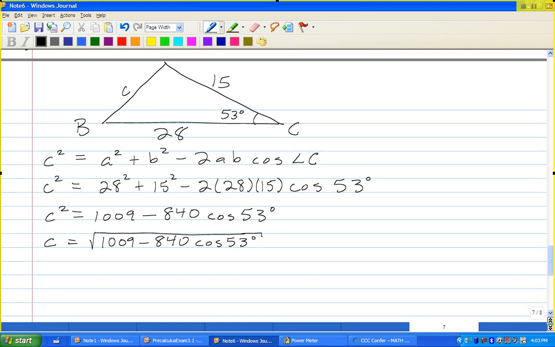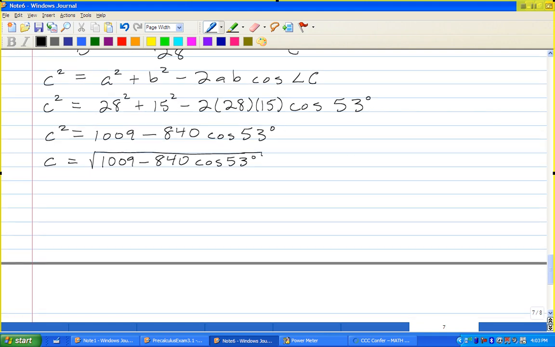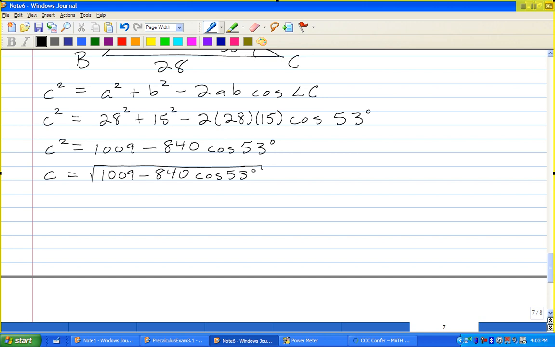Okay. So that's what C is equal to. Let's figure out, let's say A. So I'll just use law of sines for that.